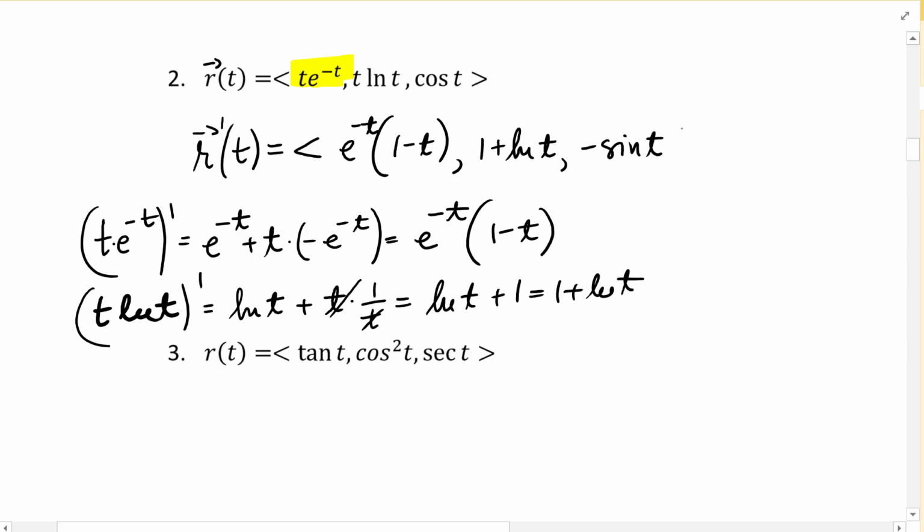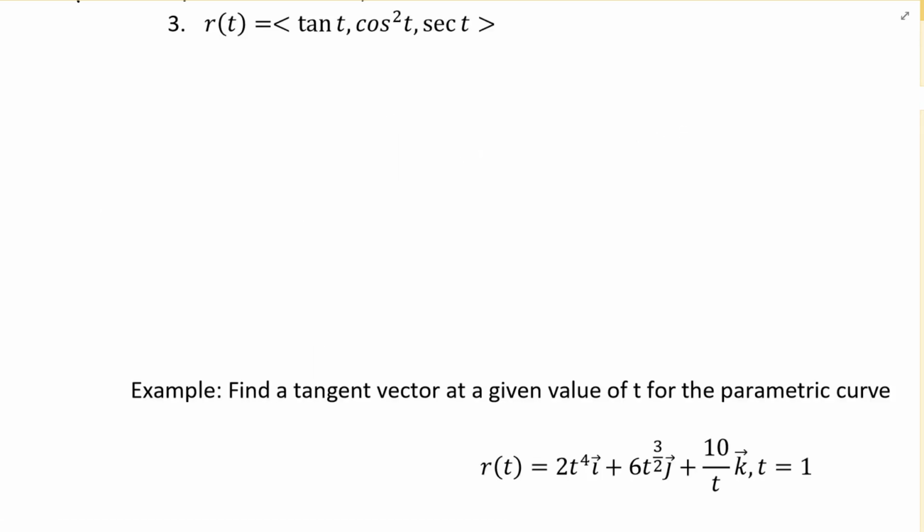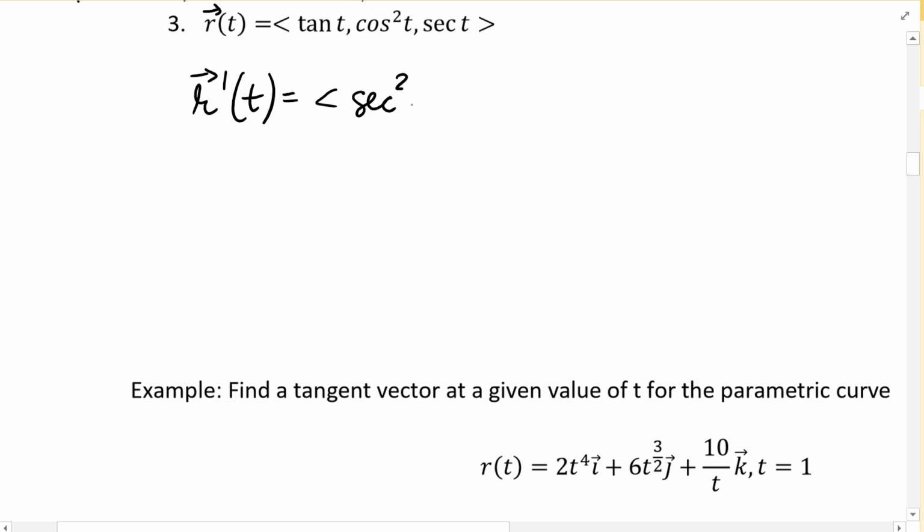And finally, r of t is tangent t, cosine squared of t, secant t, and we want to find r prime of t. Let's not forget this is a vector. Tangent of t prime, so tangent is sine over cosine, so it's secant squared of t.